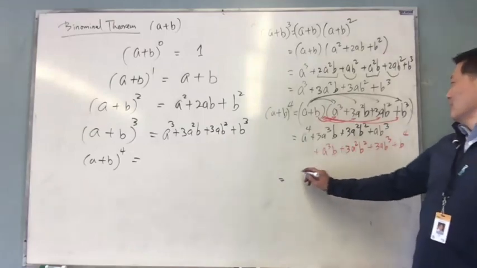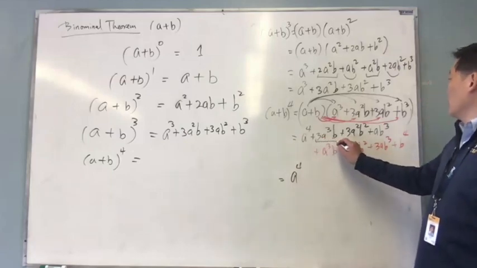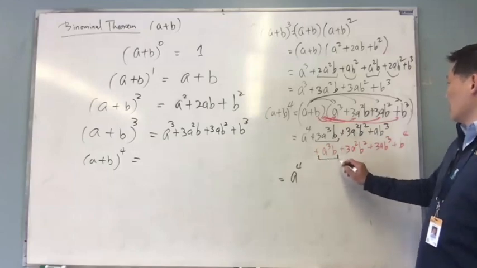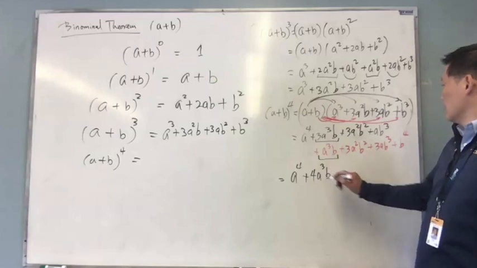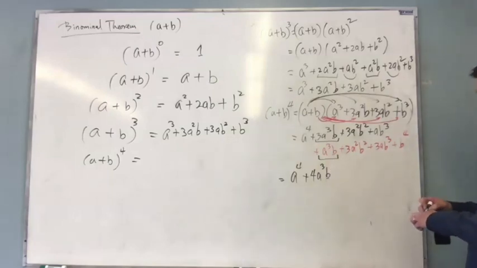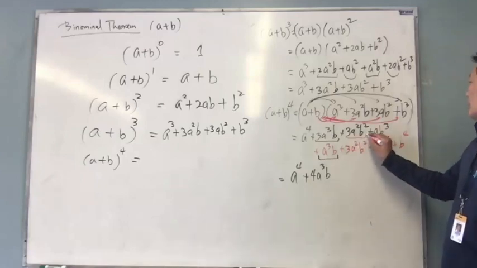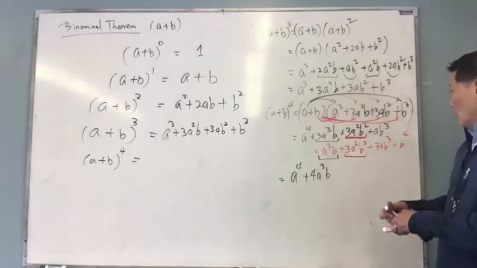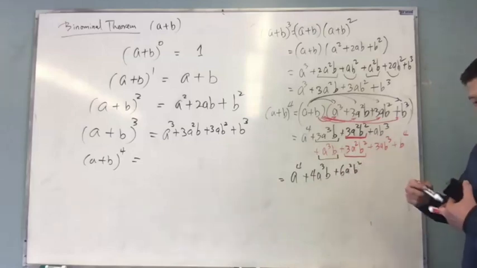Alright, ready? Okay. A to the fourth power. Now we have 3a cubed b. I find another a cubed b right here, so I have 4a cubed b. Okay, now we have 3a squared b squared, and I got another 3a squared b squared, so I have a total of 6a squared b squared.